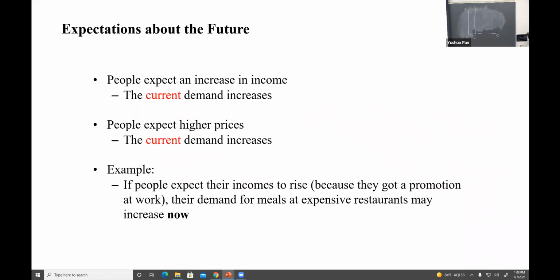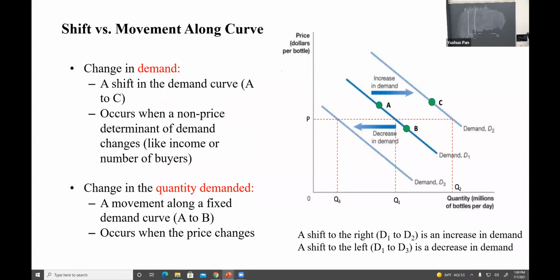But all of these 5 determinants are really important. You need to remember that. Because in your test, in your assignment, you need to figure out by yourself what determinant it is and how it will influence the demand curve, left, right, and so forth. Shift versus movement along the curve. The first is change in demand.